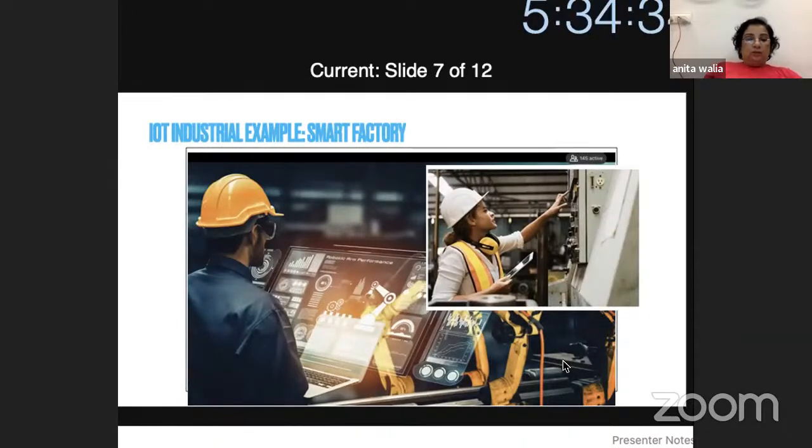The remote monitoring can also use wireless communication. For example, in this factory, the worker can communicate using particular data which she has on the device in her hand to a person who might be a supervisor sitting somewhere else.